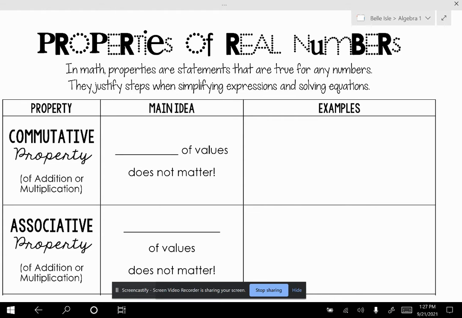Commutative property. This is dealing with addition or multiplication. Commutative property says that the order of your values doesn't matter.